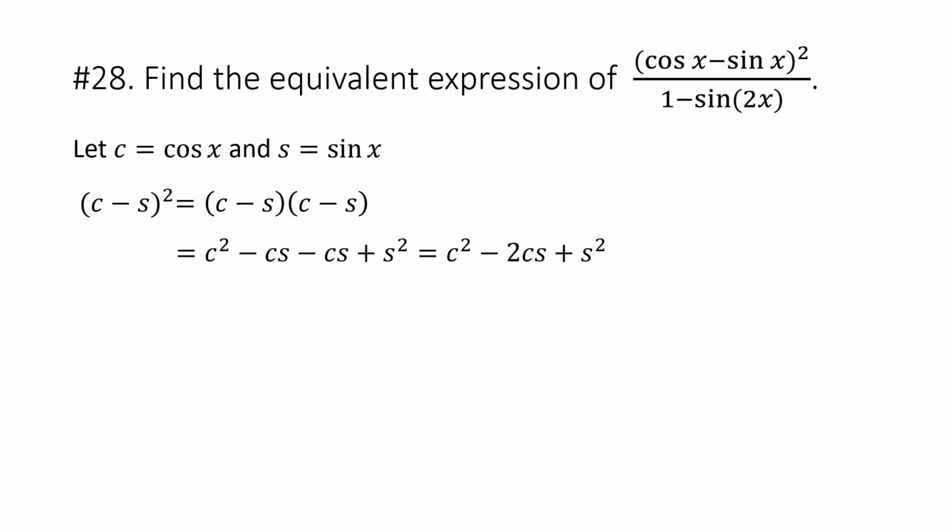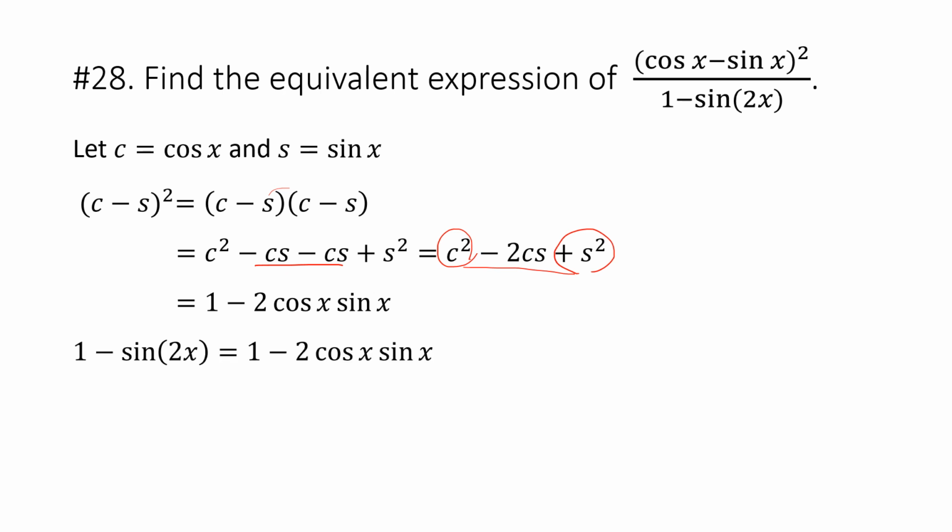We're going to expand it: c square, cs, sc is cs, plus s square. So this is the same, so negative 2 cosine sine, right? So it looks like this. But one of our identities is what? Cosine square plus sine square is always 1. So it becomes 1 minus 2 cosine sine, right?